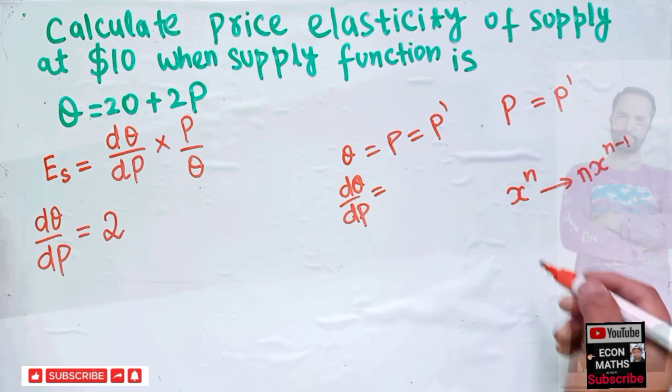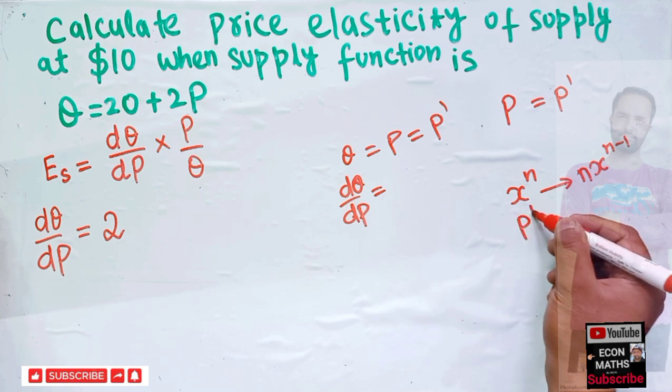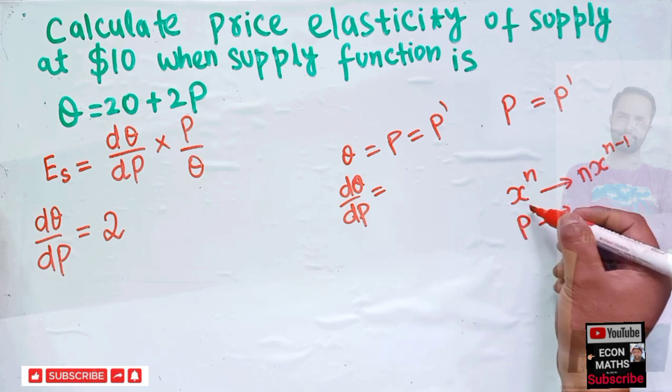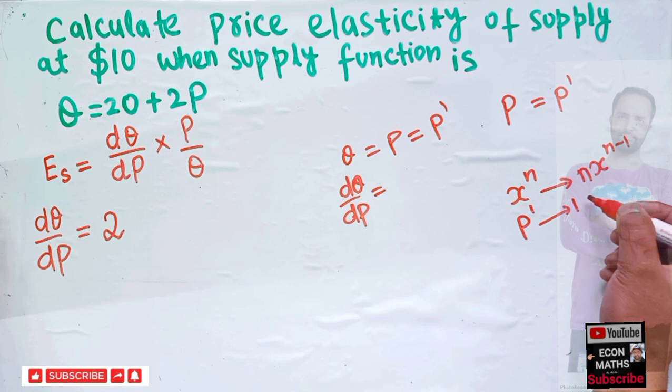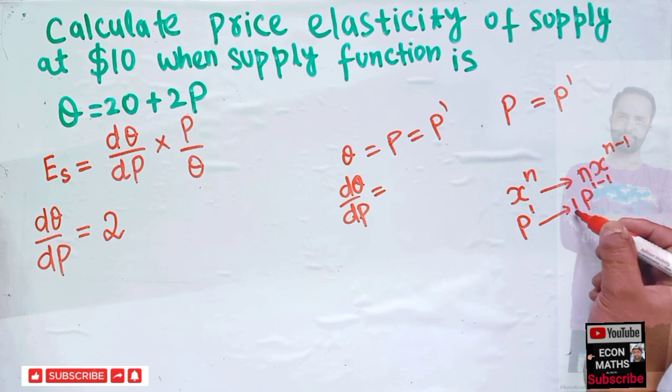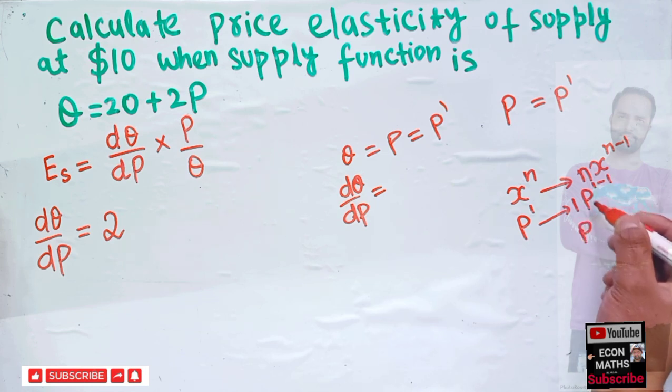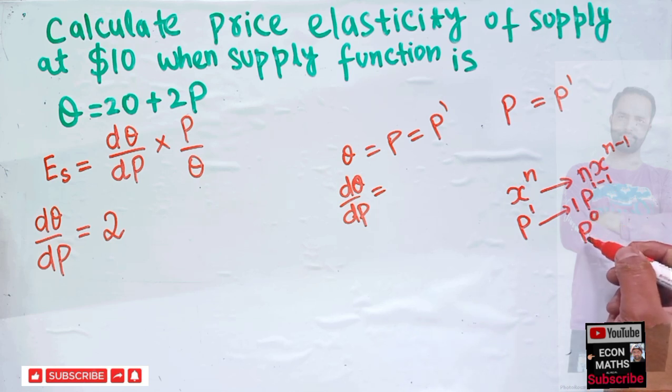Using the same rule here, we have P to the power 1. This 1 will become the coefficient, and the exponent is reduced by 1, so this becomes 1 into P to the power 1 minus 1, which is P to the power 0. We know anything raised to the power 0 is equal to 1.